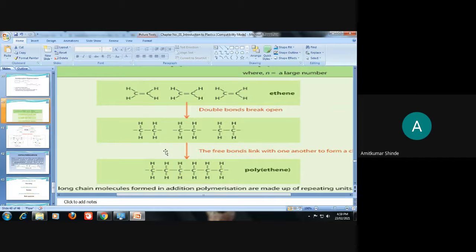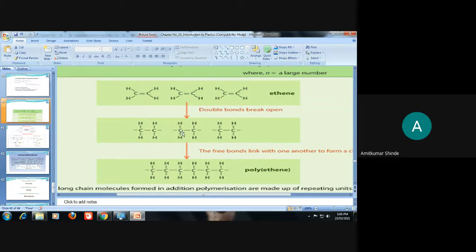Now in the next stage, the second stage is the propagation, also termed as the branching stage, or simply propagation. What exactly happens in this propagation stage? As the carbon atom is having one valency, or vacancy, it will be filled by the adjacent carbon atom.